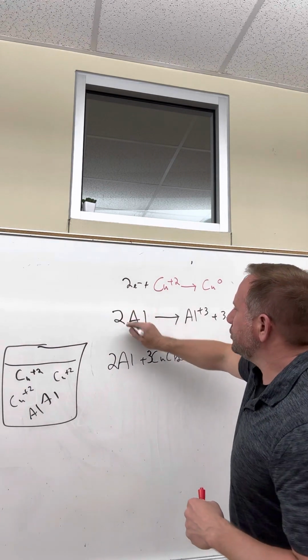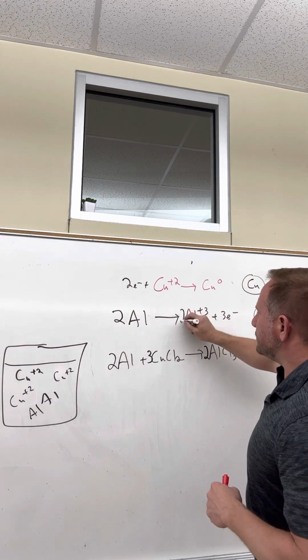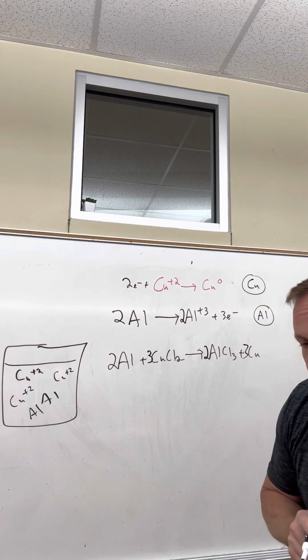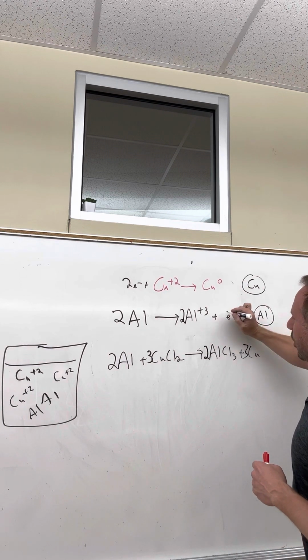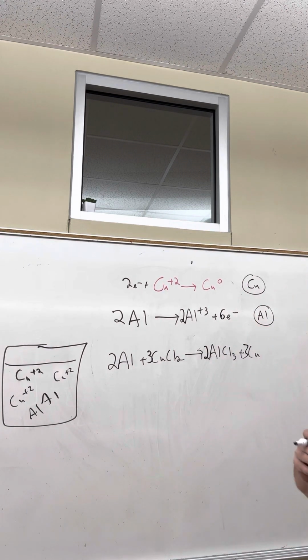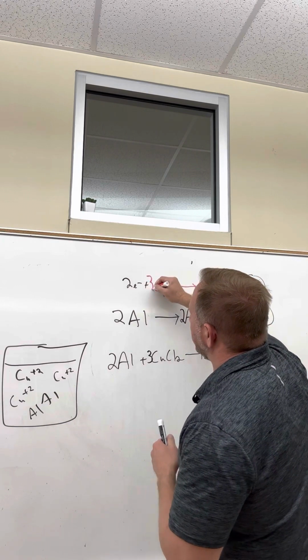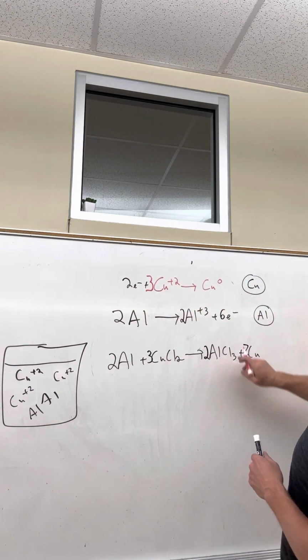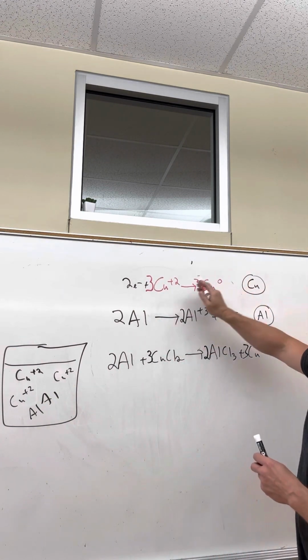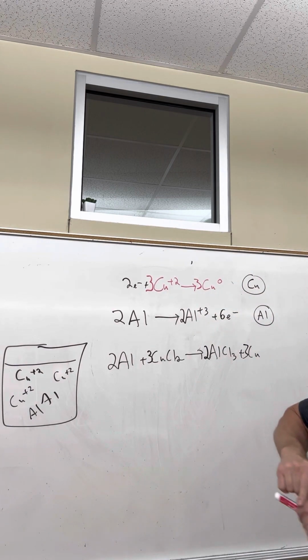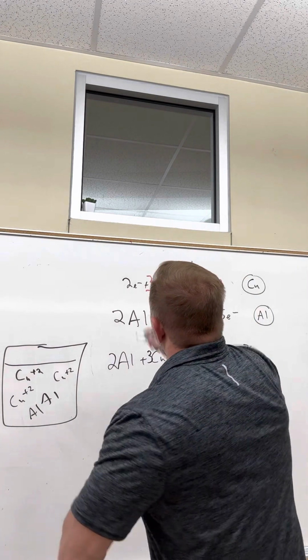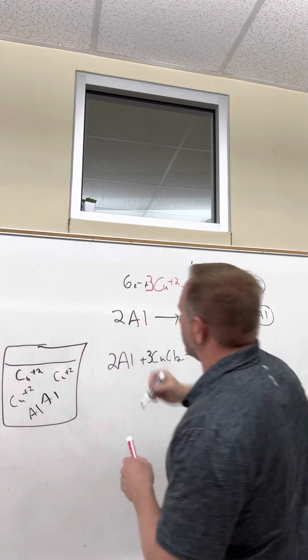I have 2 aluminums and 2 aluminum ions. That's going to have lost 6 electrons. We go back up here and we see that we've got 3 copper ions and 3 copper solids. And once again, what do we have? We have ourselves 6 electrons here.